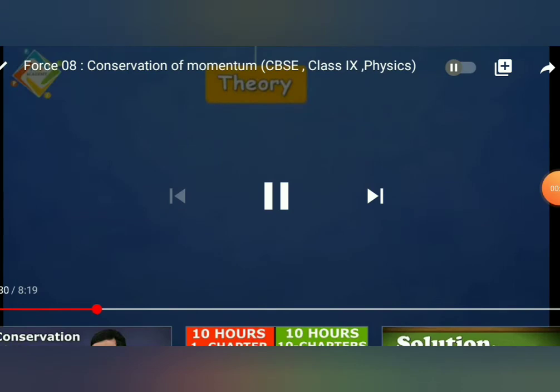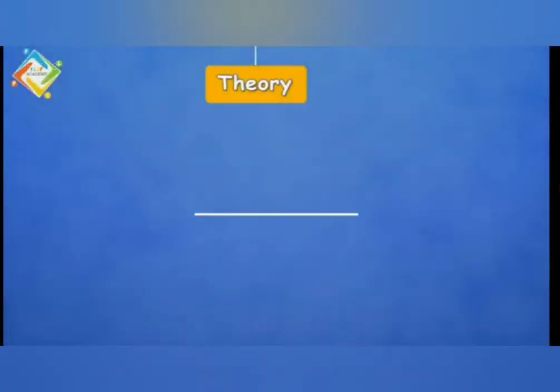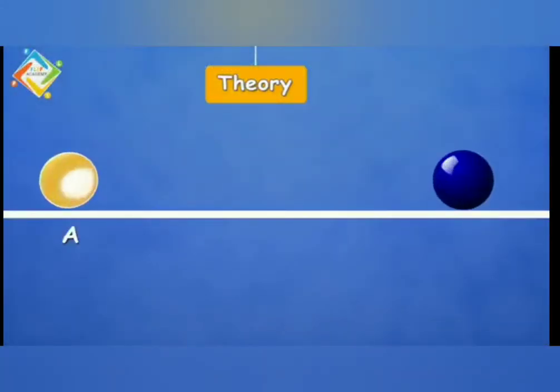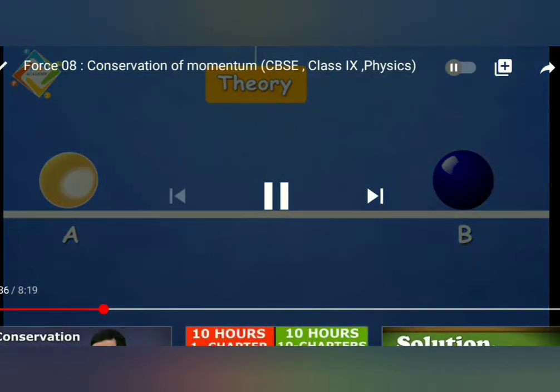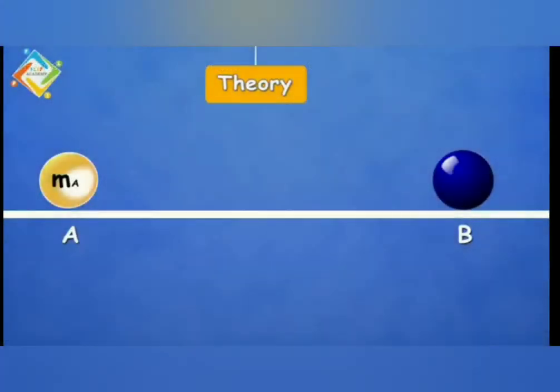Let's start with the theory. Suppose there are two balls A and B. Ball A has mass MA, and ball B has mass MB.